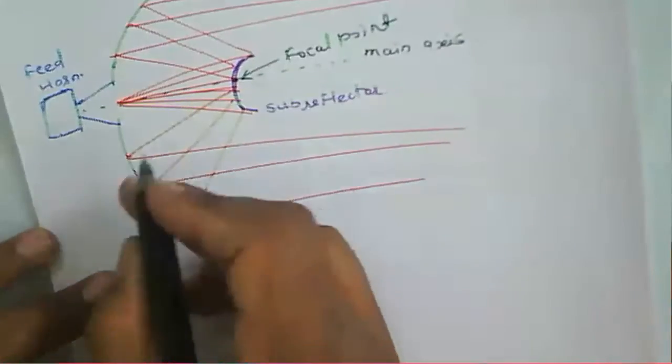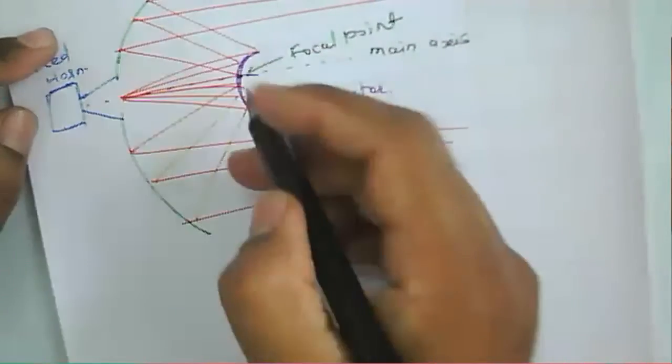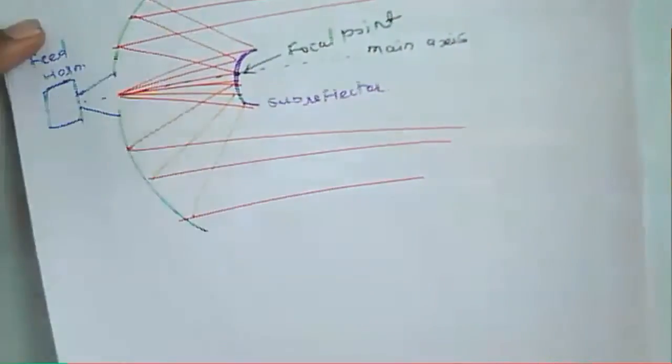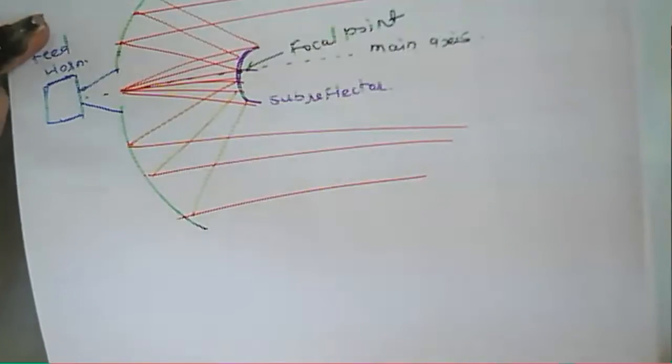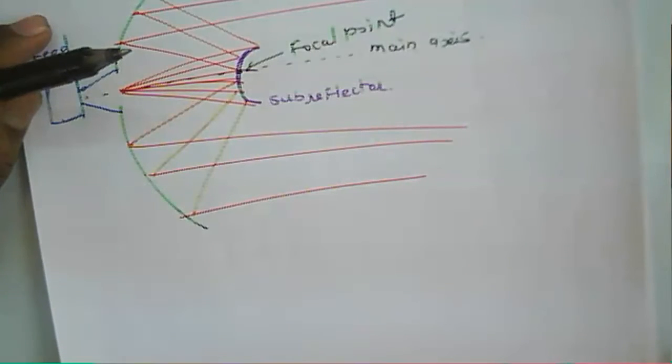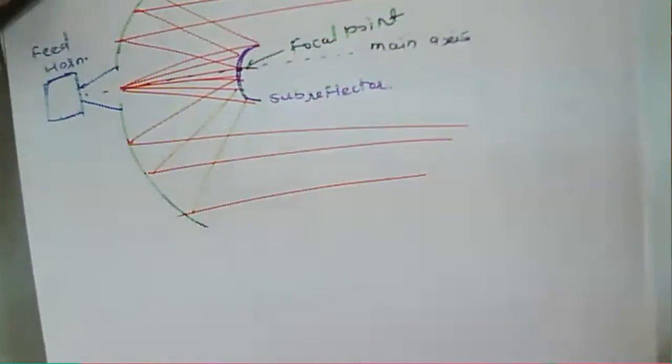Now this Cassegrain antenna, as compared to the primary focus antenna, is more stable.